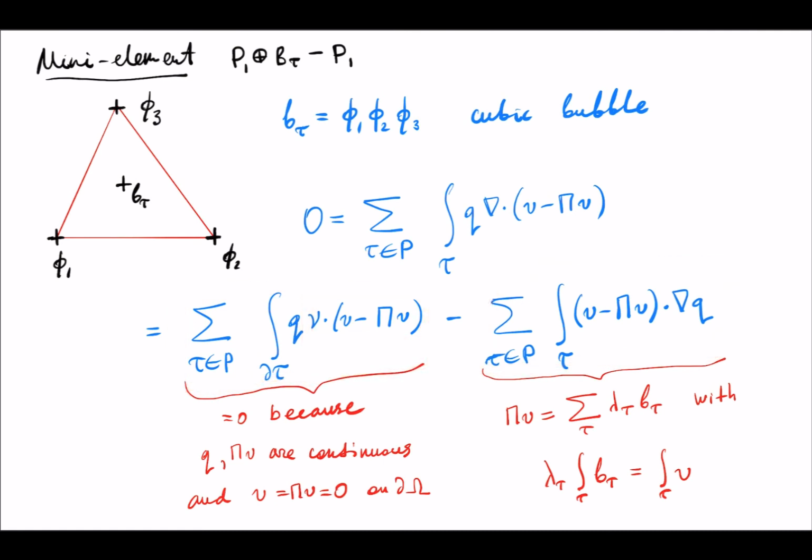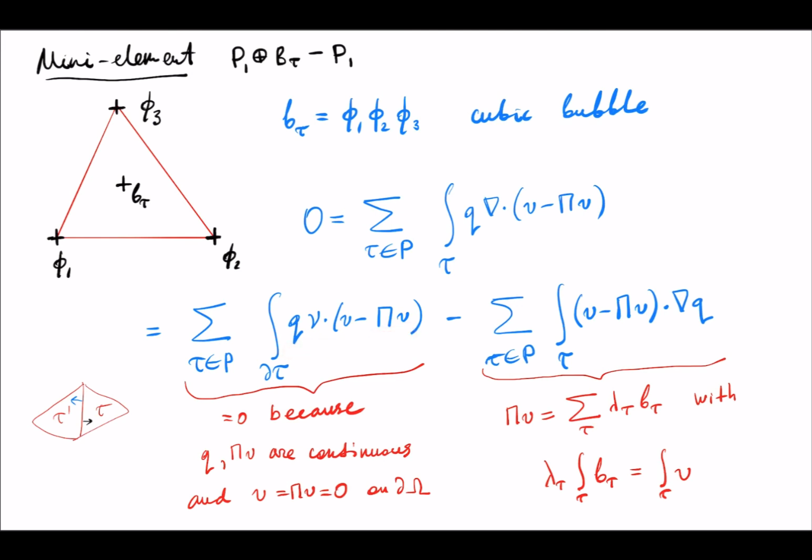So imagine we have, let's say, two triangles, tau and tau prime. For tau, you get the normal unit vector going that way. For tau prime, the normal component is going this way, and they will actually cancel each other simply because this is continuous. There is no jump here.